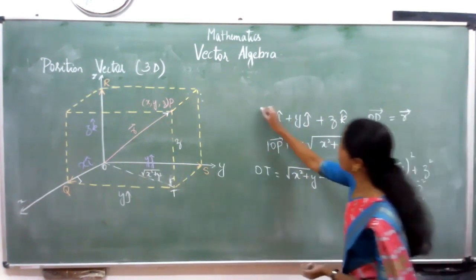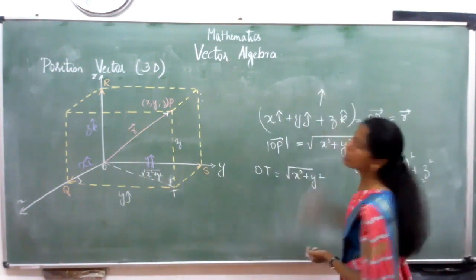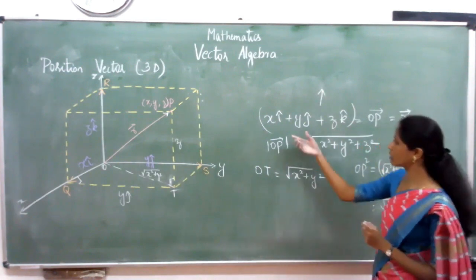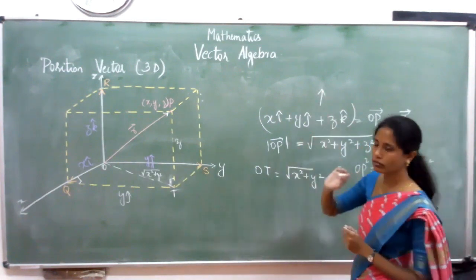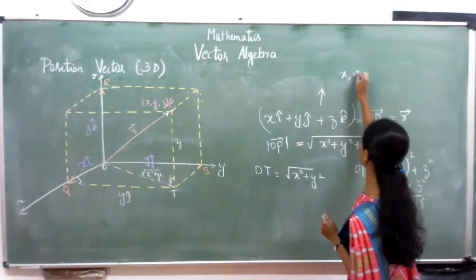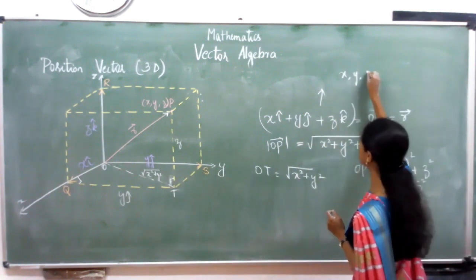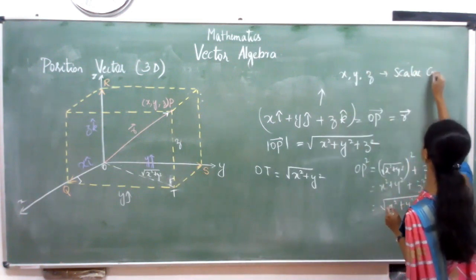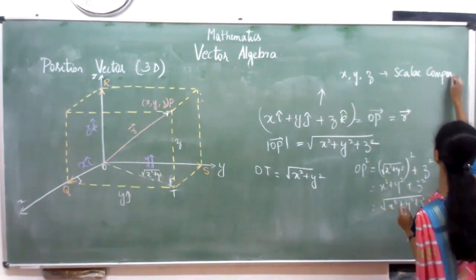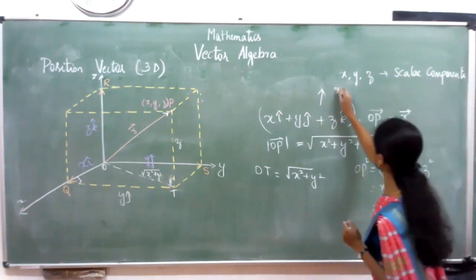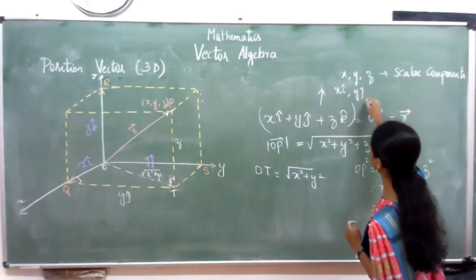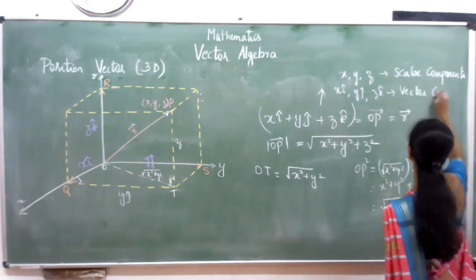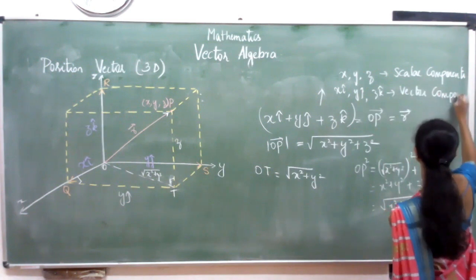Any vector in this form is called the component form of a vector. In this, x, y, and z are called scalar components, and x i cap, y j cap, z k cap are called vector components.